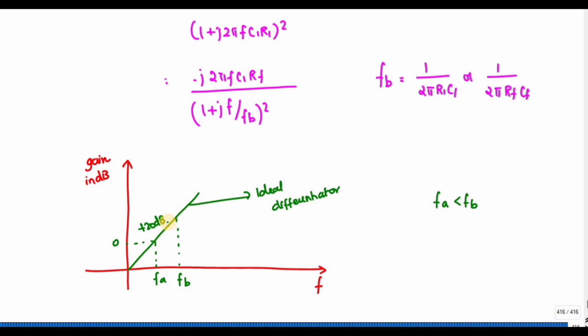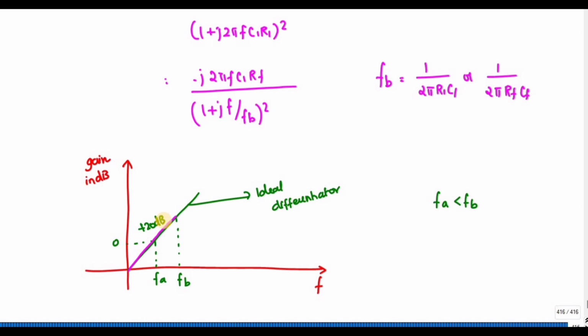Okay, and after this FP, the gain gets decreased at the rate of minus 40 dB, right?